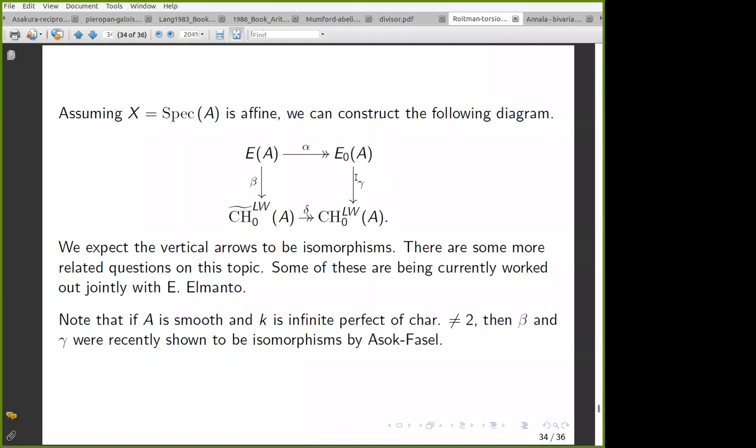And this was the conjecture of Bhatwadekar and Sridharan, that the weak Euler class group should be isomorphic to the Levine-Weibel Chow group, without any condition on the field, actually. So this is still open. We are hoping that we can prove something here. That's the current state of affairs.